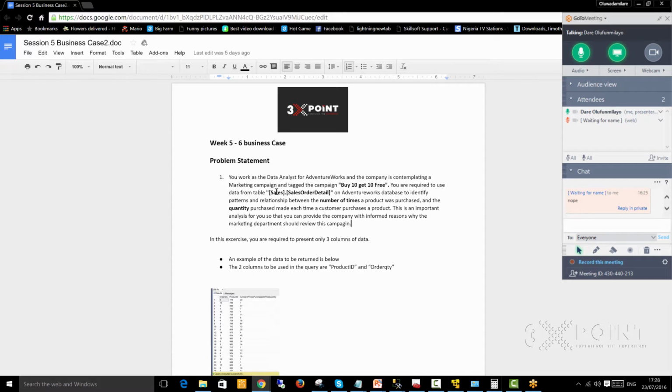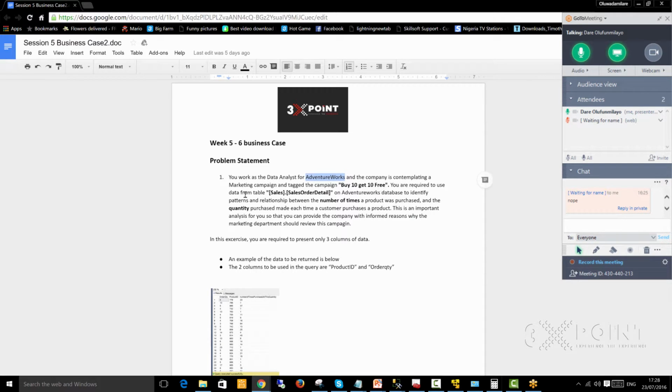The problem statement says you work as the data analyst for AdventureWorks. AdventureWorks is like a pseudo company by Microsoft. So they have a lot of data that we can play around with. The company is contemplating a marketing campaign and tagged the campaign buy 10 get 10 free.